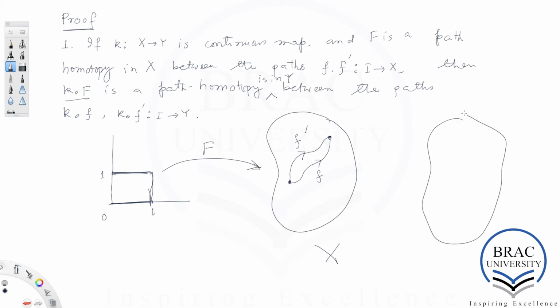Now this is another topological space Y, and there is a continuous map k from the topological space X to the topological space Y, and under this continuous map these two paths are mapped to the paths k composed with f prime and k composed with f between two fixed points.